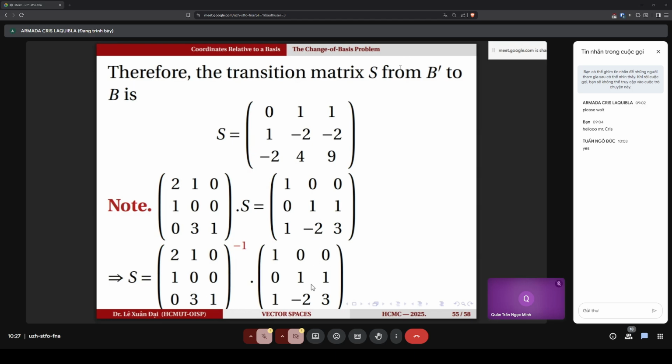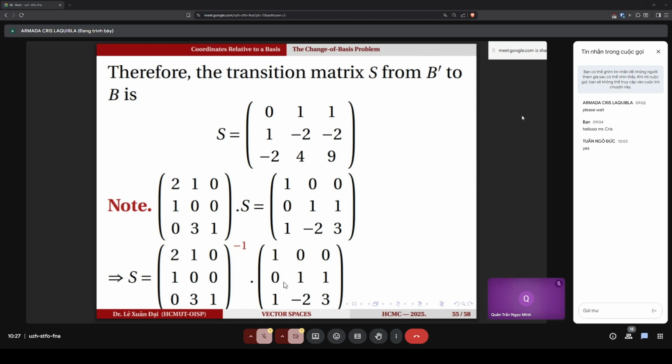First you multiply the B prime inverse to your B. Okay? Because it's here from B prime to B. So what if from B to B prime? From B to B prime, class, it means that your B prime must have the inverse, then multiply it with the B.